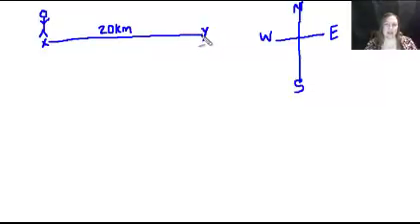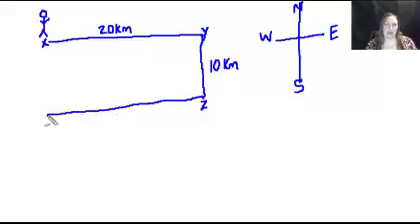And then when you get to Y, you're going to turn and travel south 10 kilometers to point Z. And then when you get to point Z, you're going to turn and travel back west 20 kilometers to point Q.